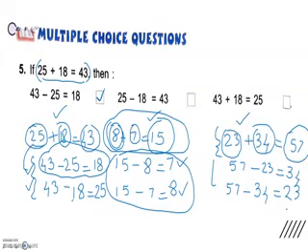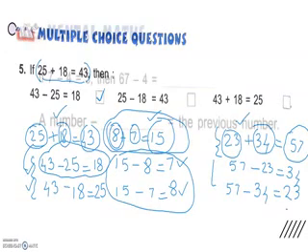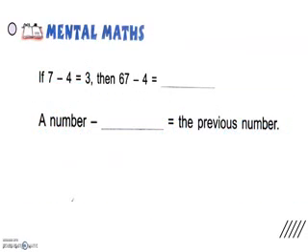Okay, now we can see the next one. Mental maths. If 7 minus 4 is equal to 3, then 67 minus 4 is equal to dash. We know that both 7 and 4 have only one's place.